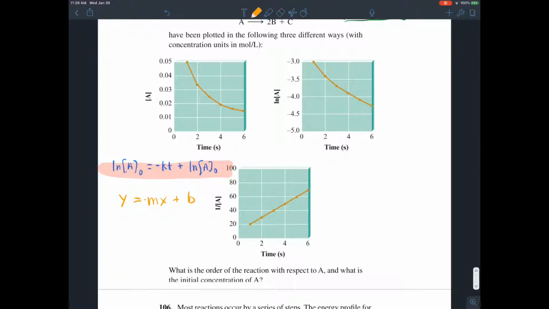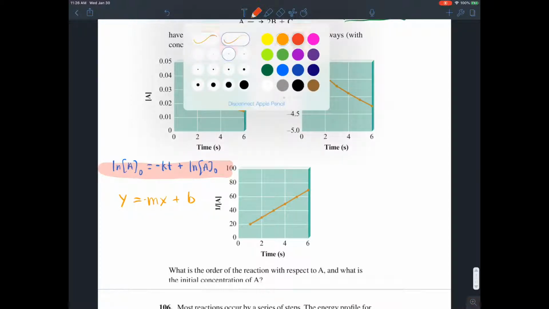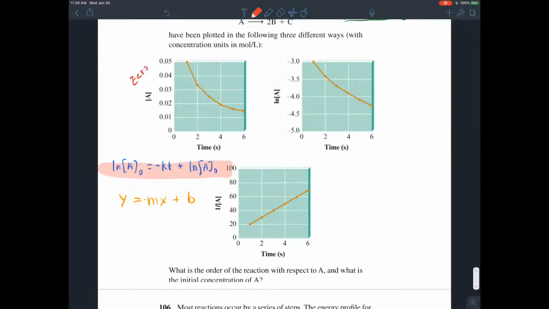And this is kind of important because as a student, you're responsible for understanding how to interpret a graph in this particular section of kinetics. If the graph on the y-axis has just A that has not been tampered with, and the x-axis is time, that's your independent variable, then that's going to be a zero order reaction.